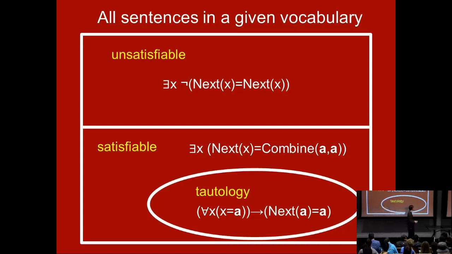An example of a tautology is, this one's a bit subtle, an implication: if for all x, x equals a, then next of a equals a. This one is true no matter what next means, what a stands for, and what the objects are. It sounds a bit tautological, but if everything is equal to a in your universe, then whatever next of a is, it's also an object, so it also equals a.